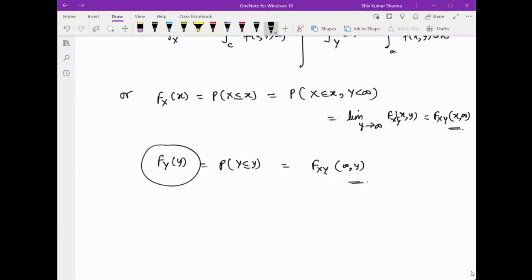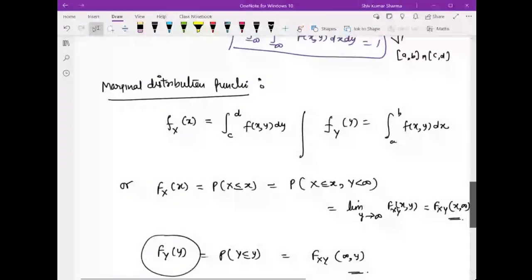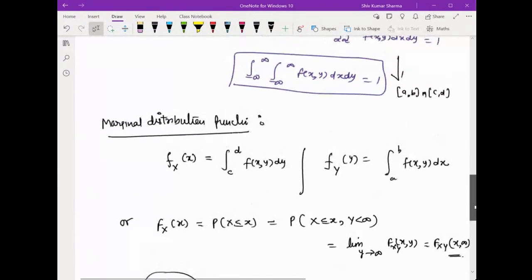Or we talk about both the cases. Marginal distribution case or the above case?